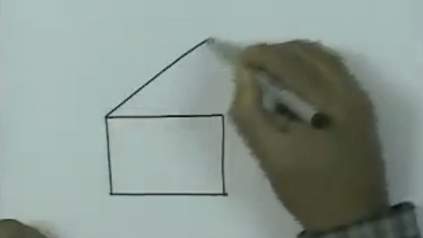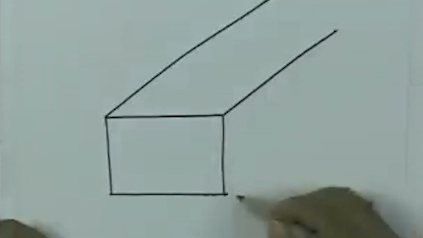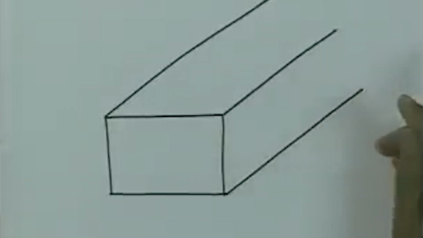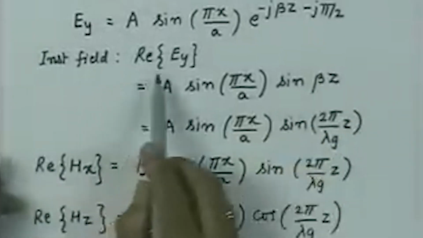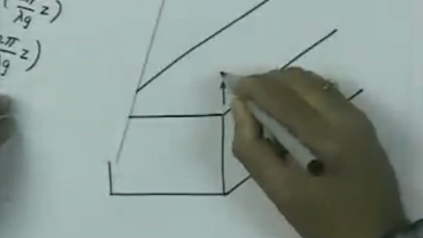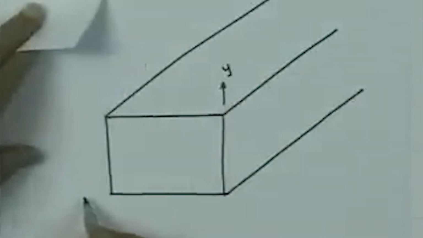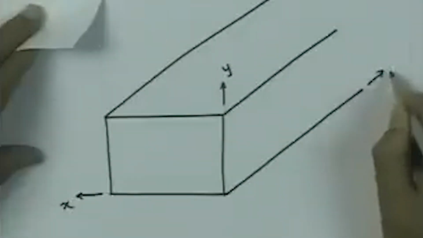So, we have now a structure which is this, with a rectangular cross section. This is the length of the waveguide. Firstly, what we note here is that the electric field, which is Y oriented, that is oriented in this direction, this is the Y direction, this is the X direction, and this is the Z direction.